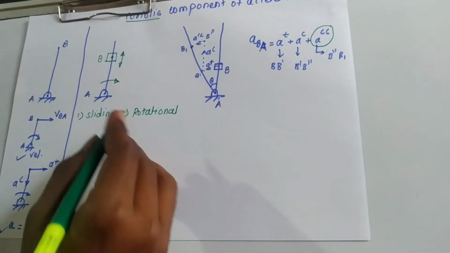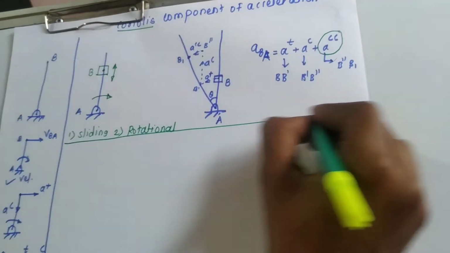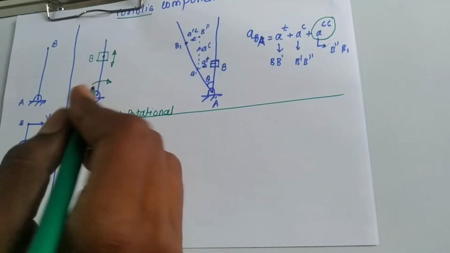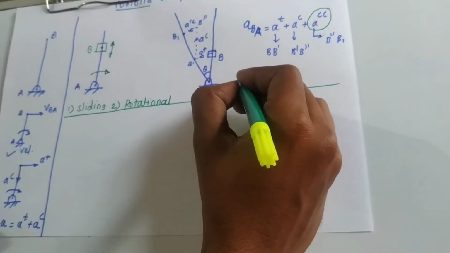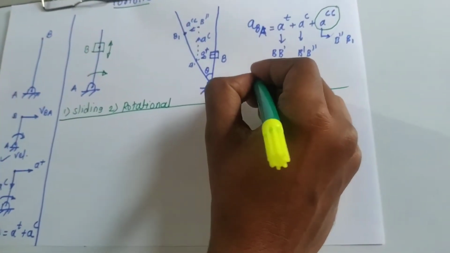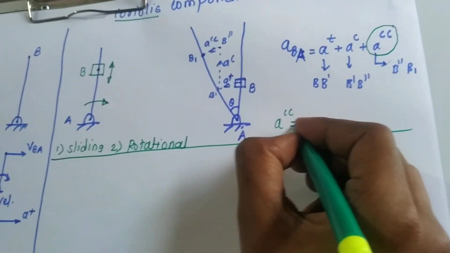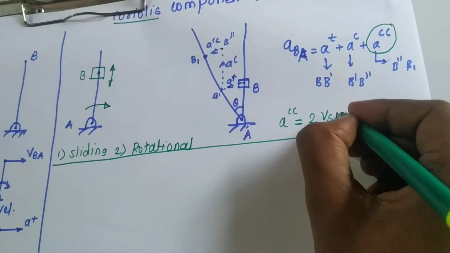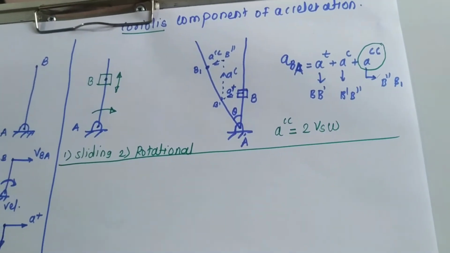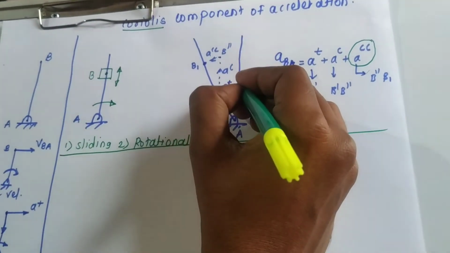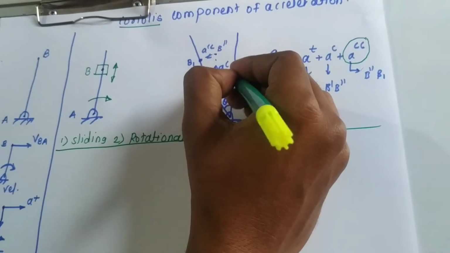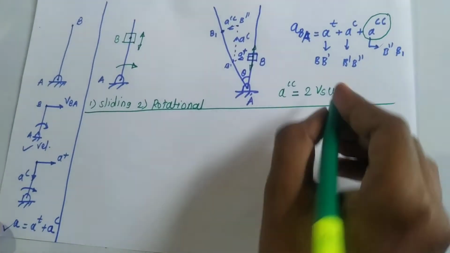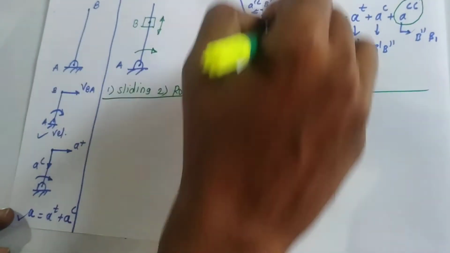So the Coriolis component. I'm not going to discuss the derivation here, but I'm telling you the magnitude of the Coriolis component of acceleration, A_CC, is equal to twice Vs into omega. What is Vs? Vs is the sliding velocity. This slider is moving with sliding velocity Vs, while omega is the angular velocity of this link.